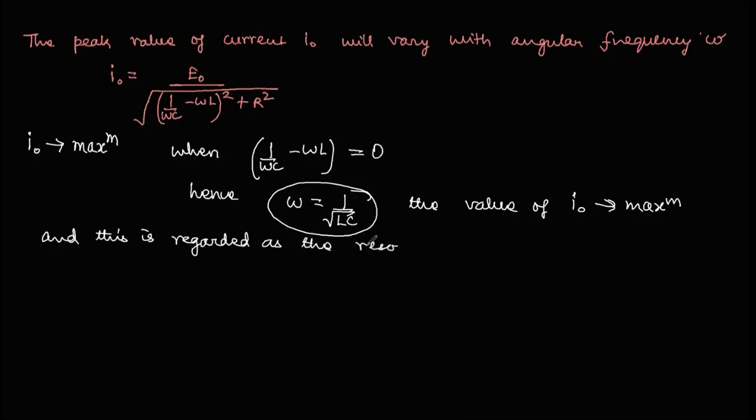This is regarded as the resonant angular frequency, and the corresponding frequency can be written as omega by 2 pi, that is 1 by 2 pi root over LC.